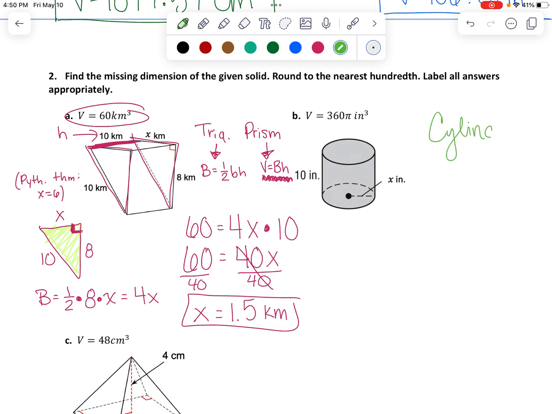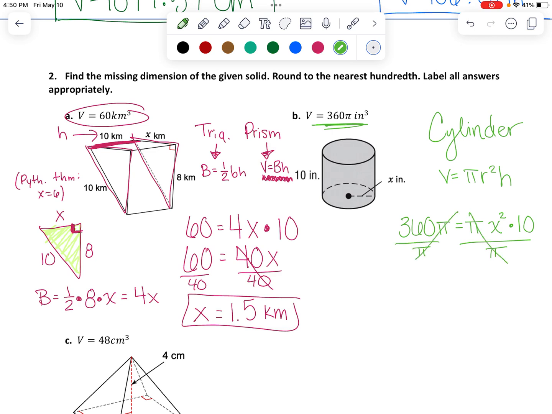Okay, next shape. Cylinder. I'm given the volume, so volume of a cylinder is pi r squared h. I know the volume is 360 pi. I know the radius is x, so I put in x, and the height is 10.